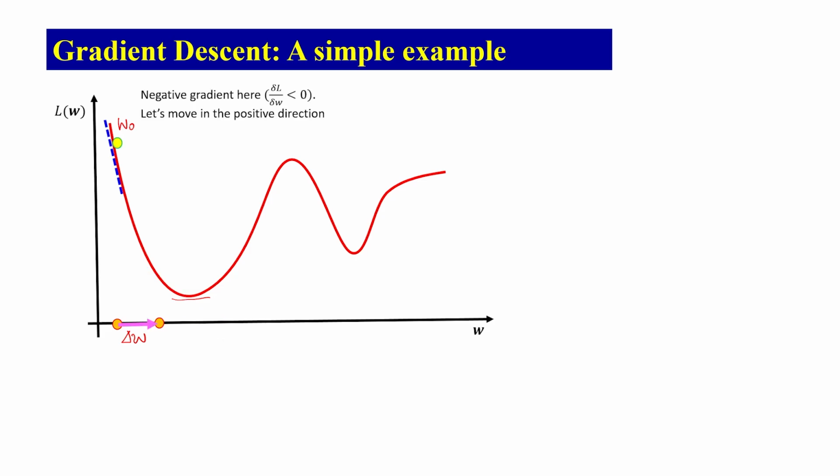So, start with a starting point w0, calculate the slope or gradient, and you see this is the gradient here, the gradient is negative. So, you can move in the direction in which the curve is descending. So, take a step, that is delta w, and move here, correct. We moved here, again calculate the slope, the slope is still negative. So, you can move in the right direction.